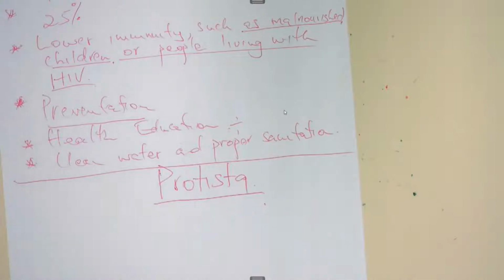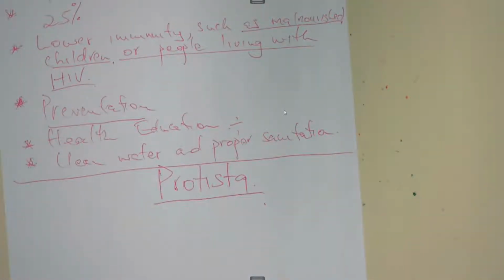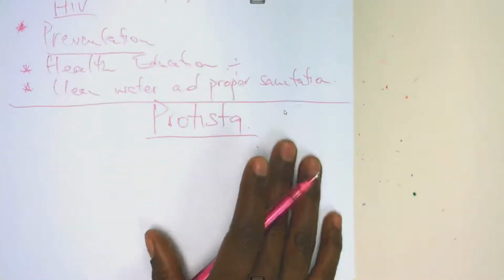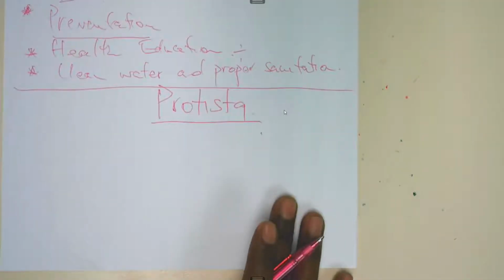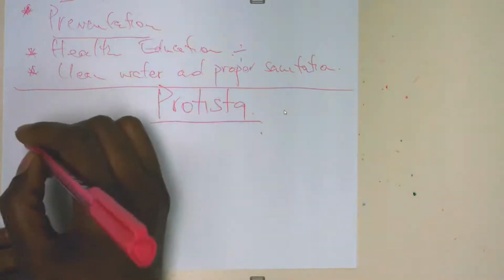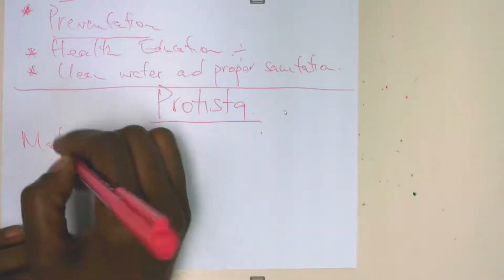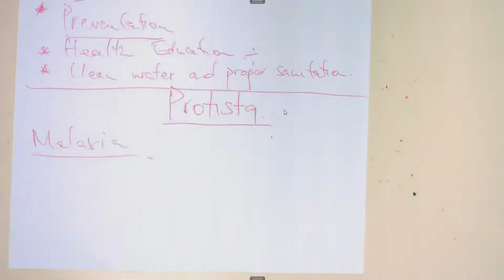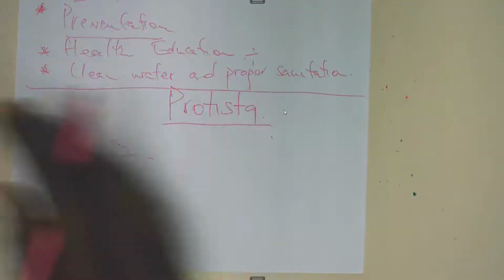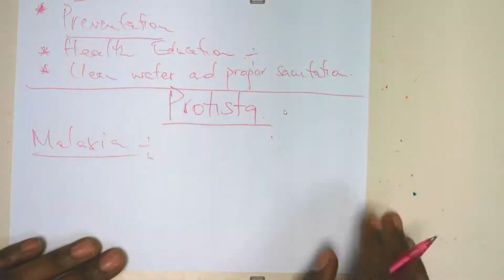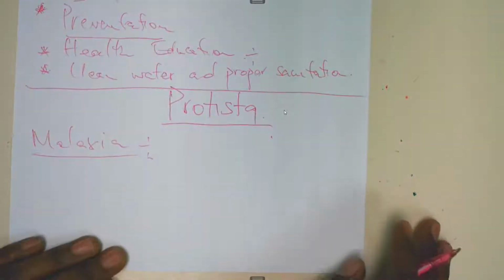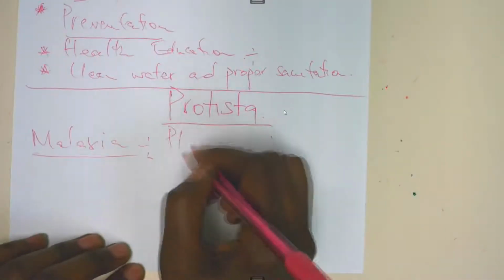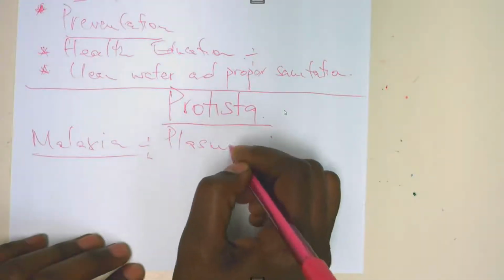So now we will move to one of the diseases which is caused by the protists or protista. We have malaria as an example. And when we look at malaria, we know that it is caused by a parasitic protozoan, which is called Plasmodium.